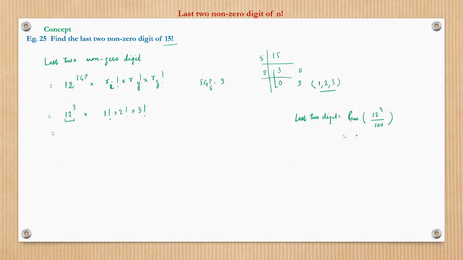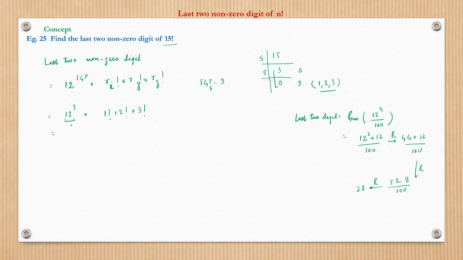How do we find it? 12 squared is 144, which gives a remainder of 44, into 12 by 100. Multiplying, it becomes 528 by 100, so the remainder is 28.